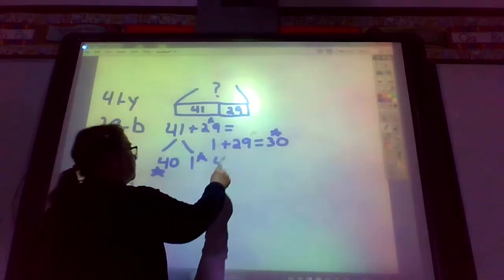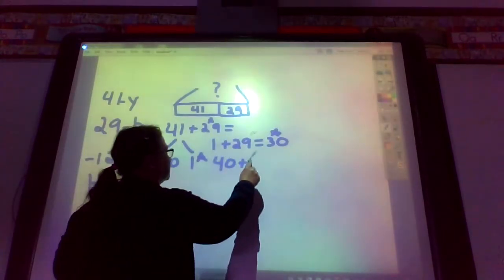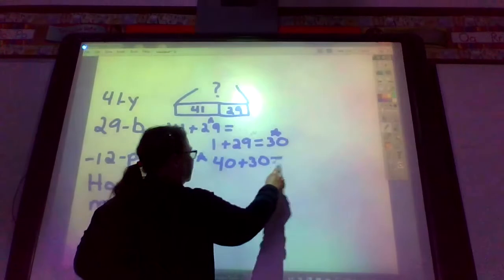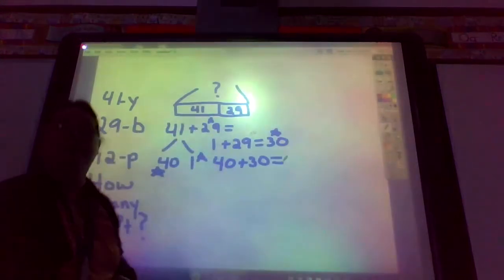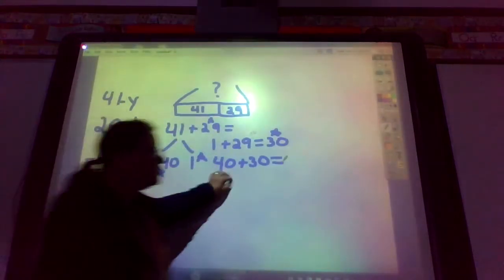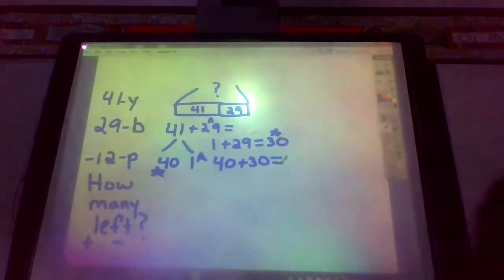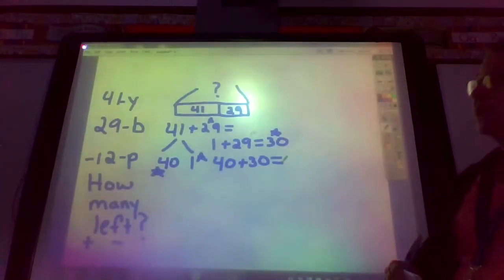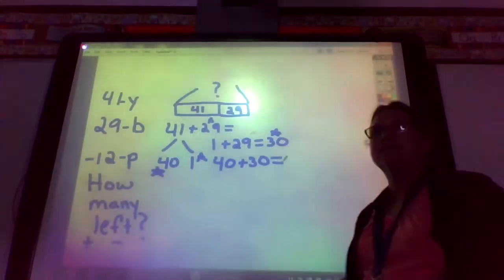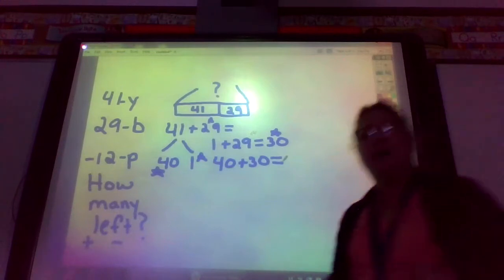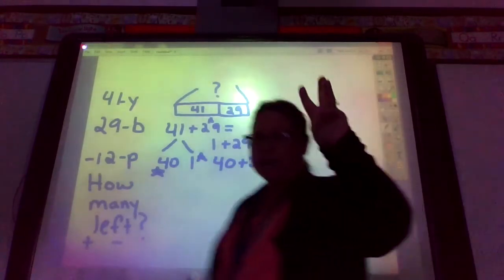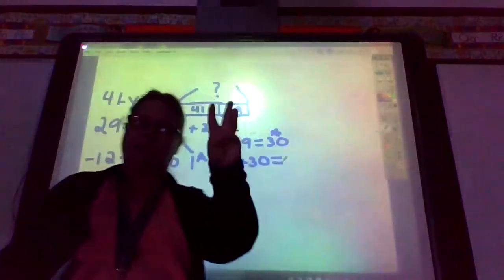Okay? 40 plus 30. Well, I'm going to count by tens because these are both 10 numbers. So I have 40. I have a 30. That means I have 3 tens. So I'm going to count 3 times.